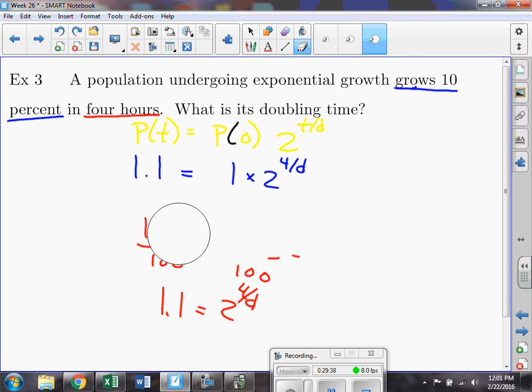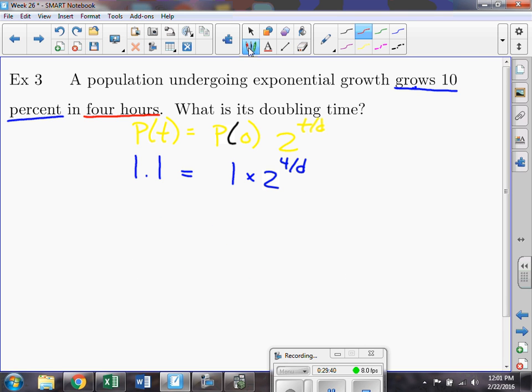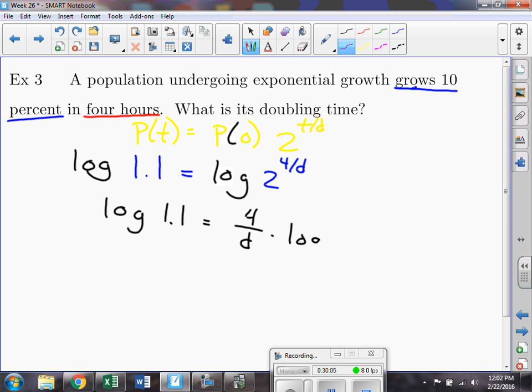Anyhow, now that we've reached this stage, what's next? I don't need the times 1, because multiplying by 1 keeps things the same. To get an exponent, we need logarithms. So we have the logarithm of 1.1 equals 4 over d times the logarithm of 2.